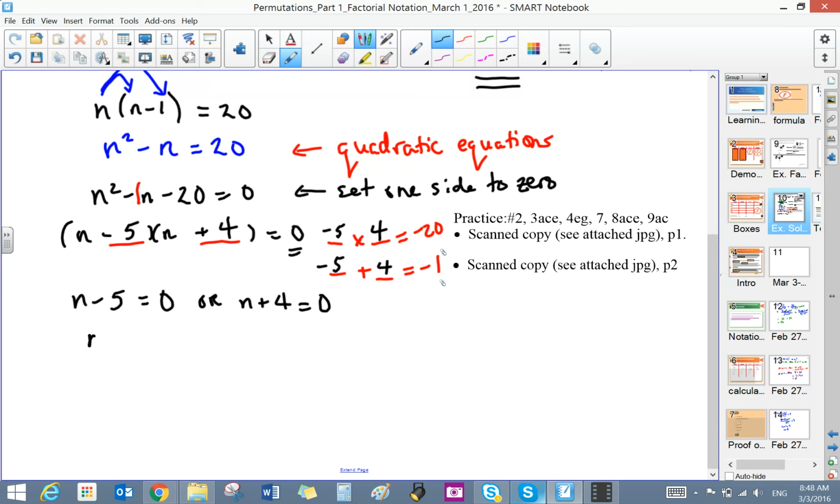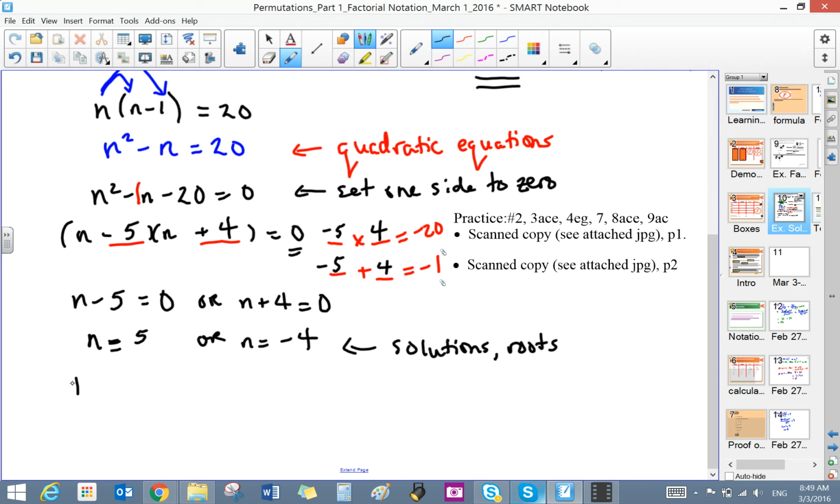So solving, n equals 5 or n equals minus 4. So those two values will zero out the equation and thus are the solutions, otherwise known as the roots of the equation.